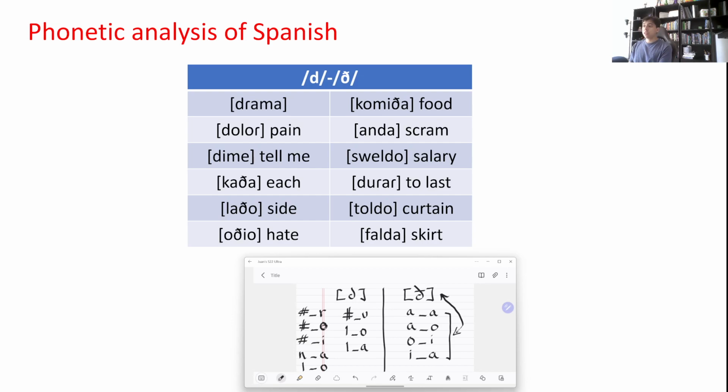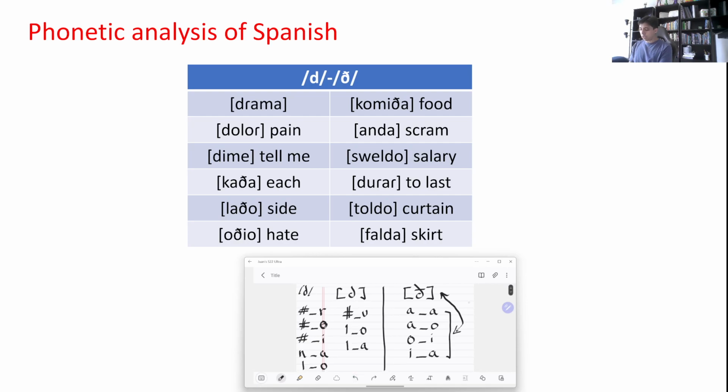So that means that in Spanish, I'm going to be producing this sound every single time that I have the phoneme D between two vowels. So this is my allophone. And for the case of D, this allophone of D is going to be produced at the beginning of a word or right after a consonant sound, right?